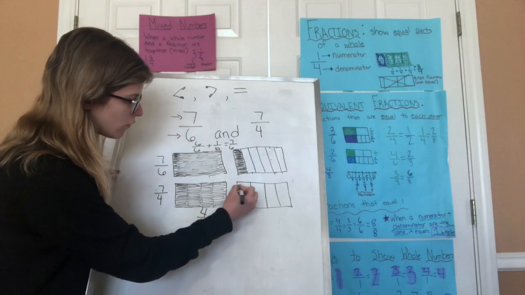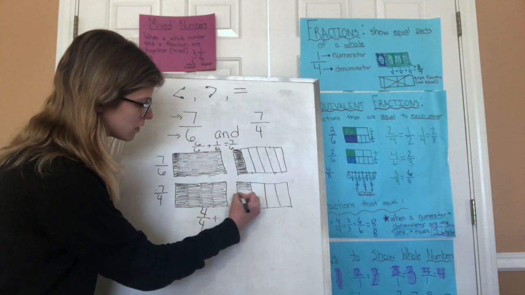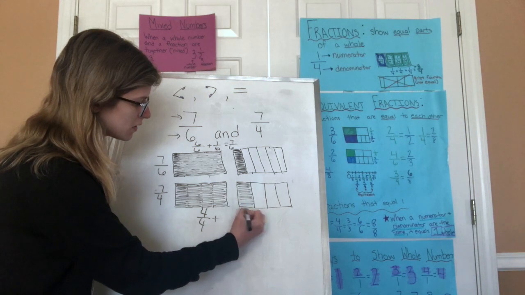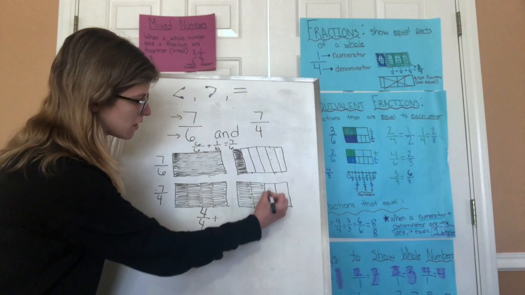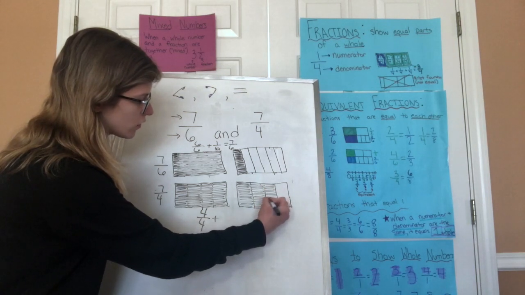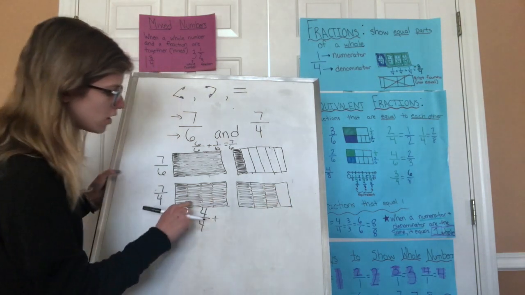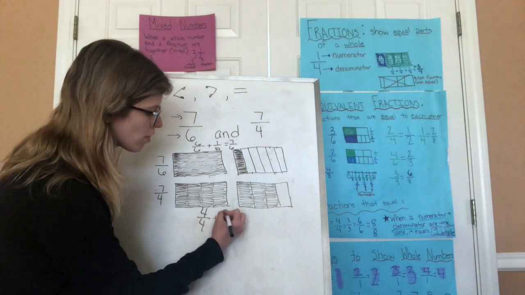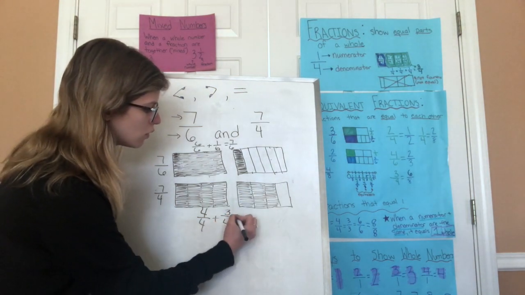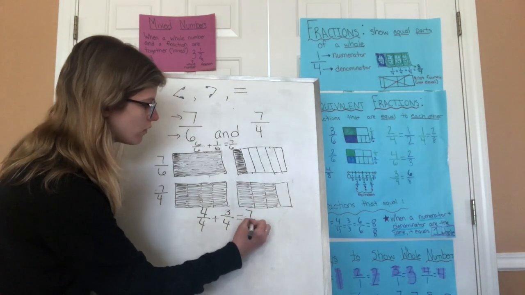And then I need to do 5/4, 6/4, 7/4. So here I shaded in 4/4, here I shaded in 1, 2, 3/4, which is equal to 7/4.